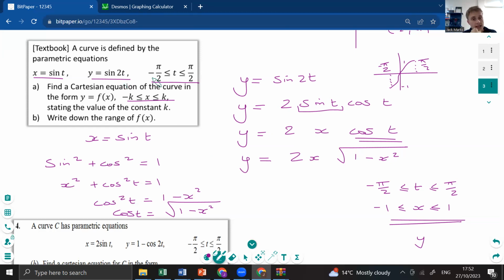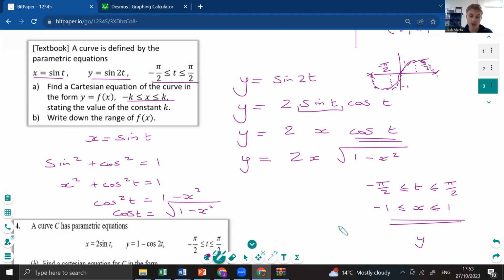It's got 2t, hasn't it? So minus pi over 2 becomes minus pi, which would be sort of up here. And pi over 2 times 2 becomes pi, which will be here. So in other words, when you put the values of t into this y equation, you're allowed anything across the sine graph, across this bit here.